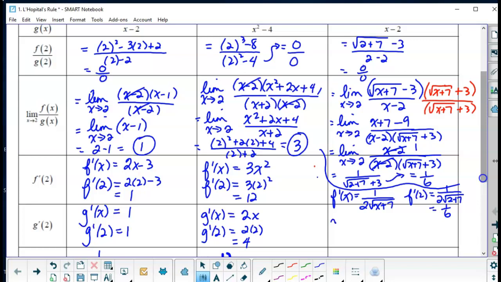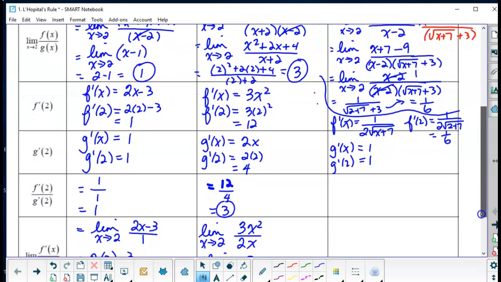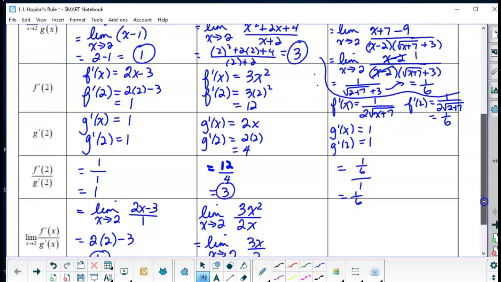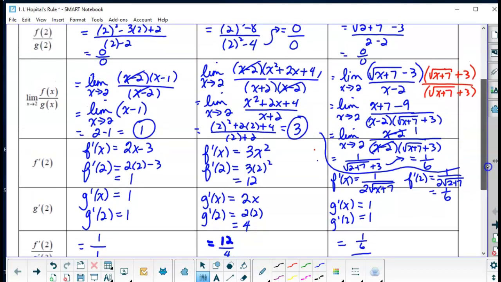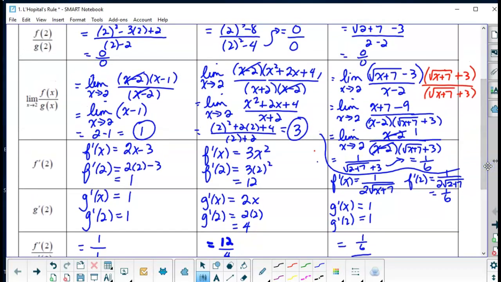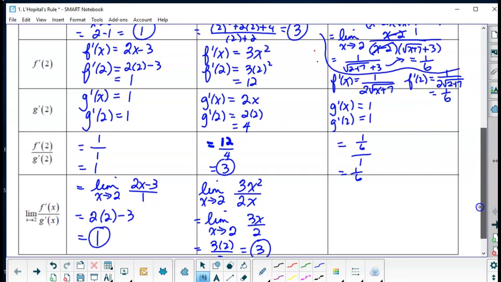Then g prime of x is just 1, so g prime of 2 is 1. And then this is going to be 1/6 over 1, which is 1/6. Again, that's the same as what we got back in the limit of each function.